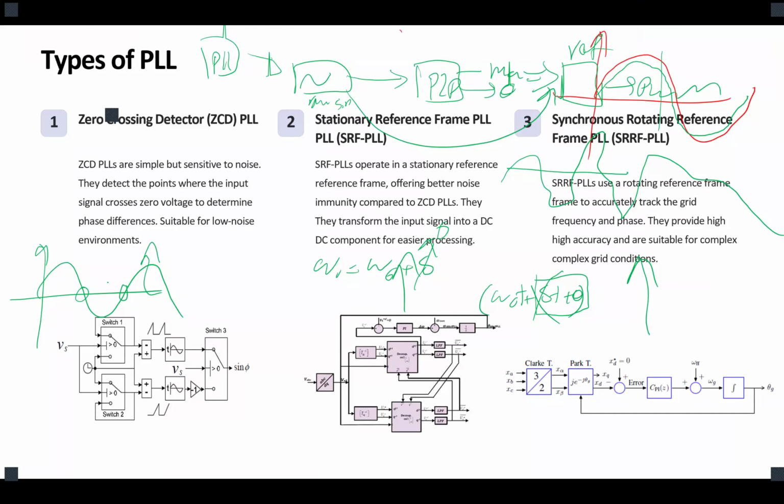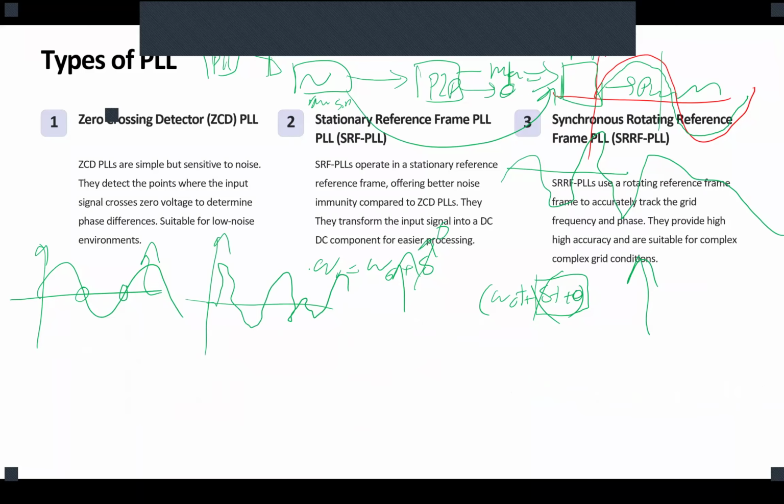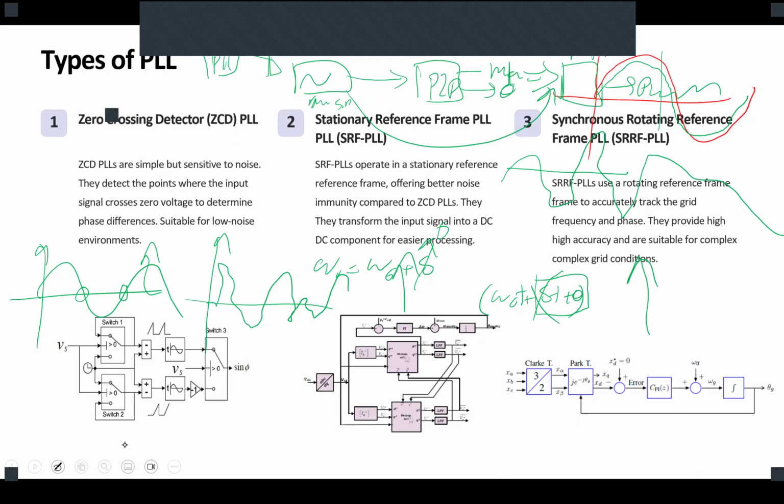If you have noise or variation or harmonics. This is a pure sine. In reality, life is not that pure. So what's going to happen is that you have a very, I wrote it very badly. No, no. How can I, okay.